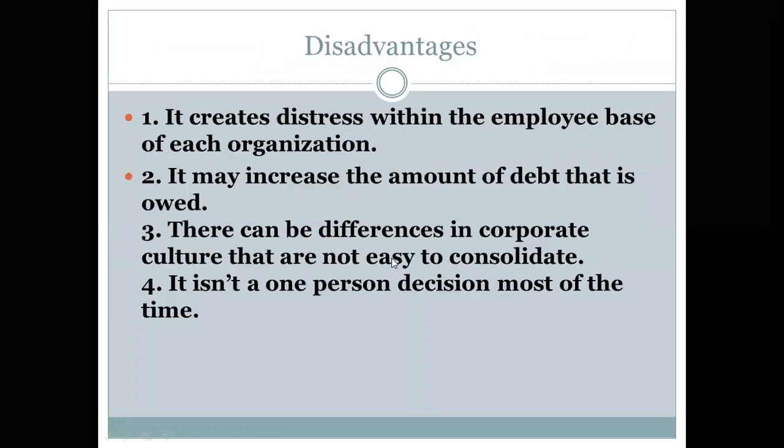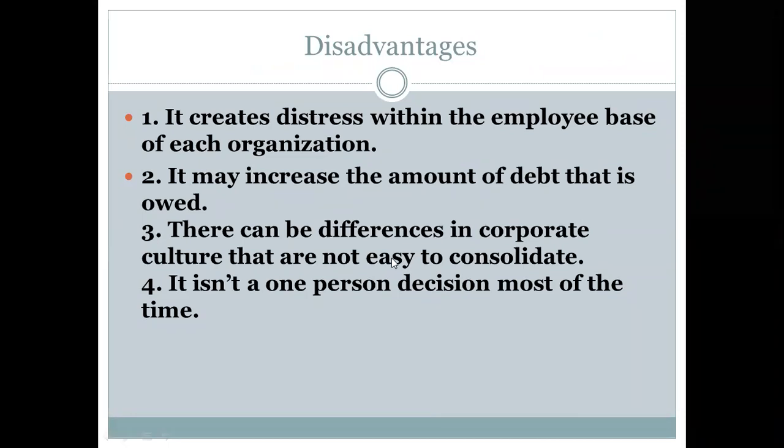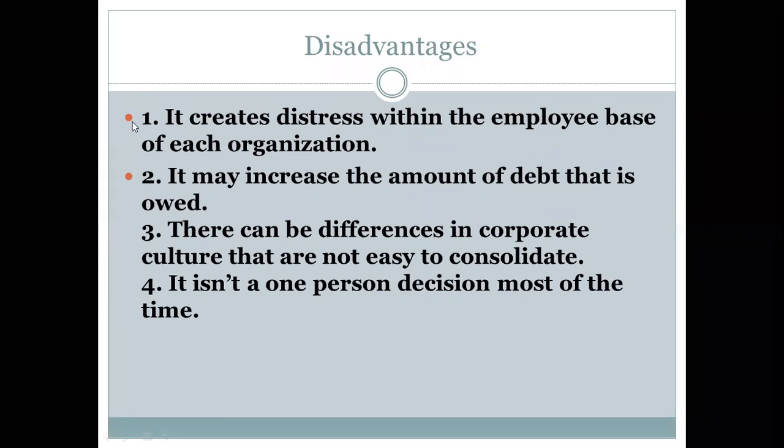The next concept we are going to discuss is the disadvantages of merging and acquisition. The very first point is that it creates distress among the employees of each organization. Every organization has its own employees.